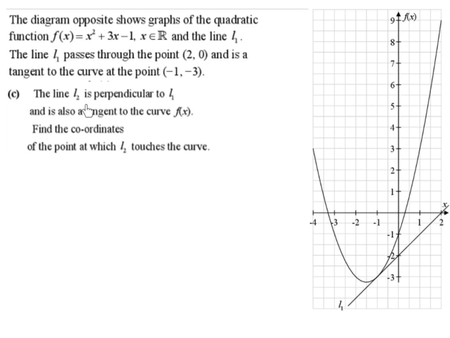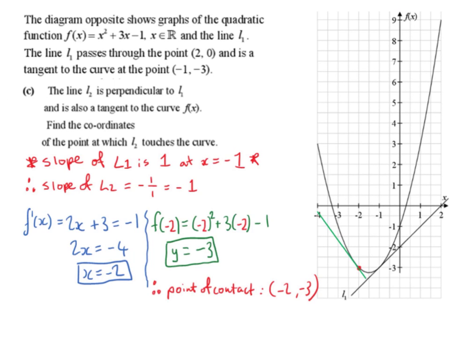The line L2 is perpendicular to L1 and is also a tangent to the curve f of x. Find the coordinates of the point at which L2 touches the curve. So the slope of L1 is 1 at x equals minus 1. Therefore the slope of L2 will be minus 1 over 1, which is going to be minus 1.